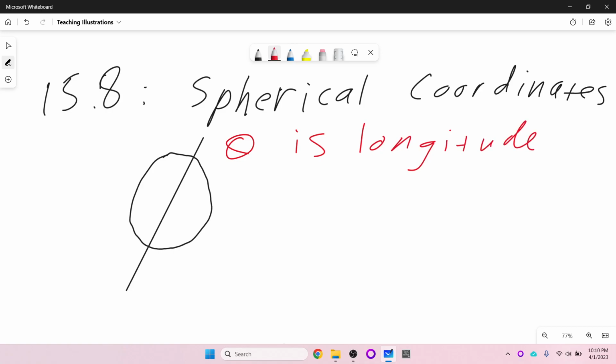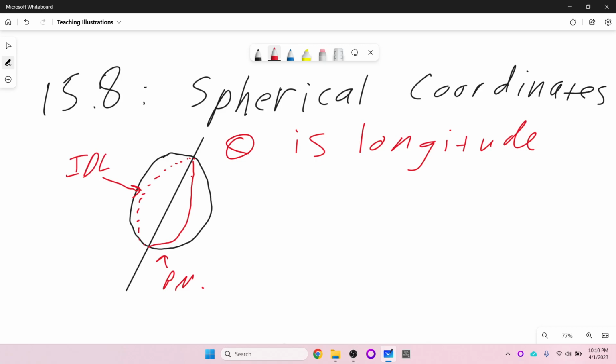So let's say this is the prime meridian here. It goes through Greenwich, England, and at the exact other side of it would be the international date line. That's out in the Pacific Ocean.